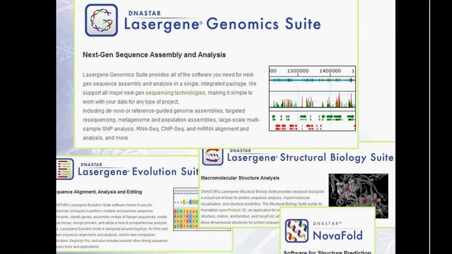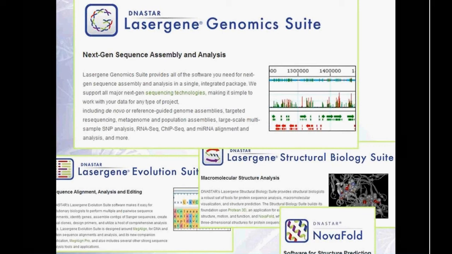So we're going to be talking about the Lasergene Genomics Suite today. The Genomics Suite is what our next-gen customers will be using. There are 3 components that we'll be talking about today: the SeqMan Engine assembler, SeqMan Pro for visualizing the assemblies, and then ArrayStar for doing some of the downstream analysis.